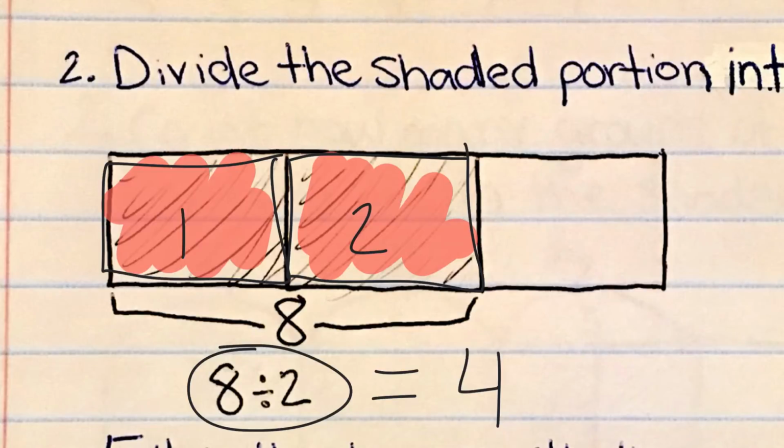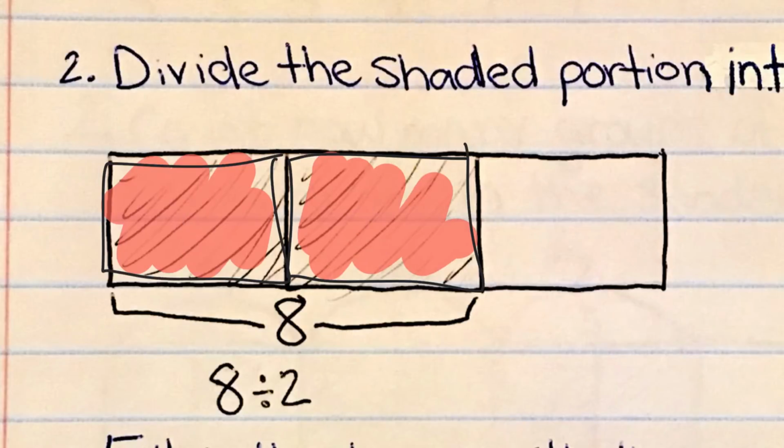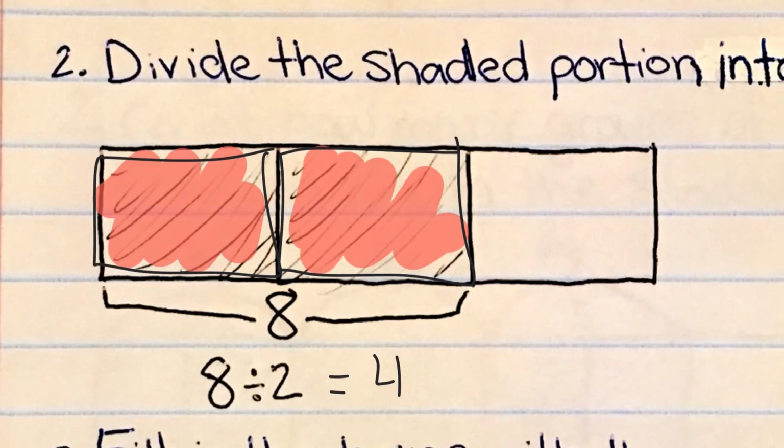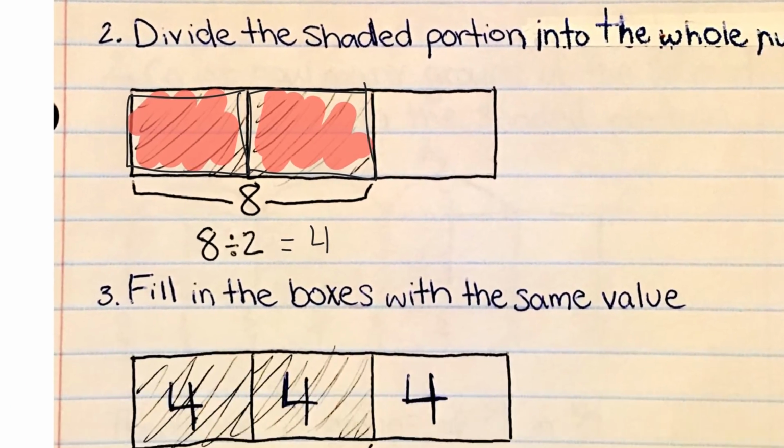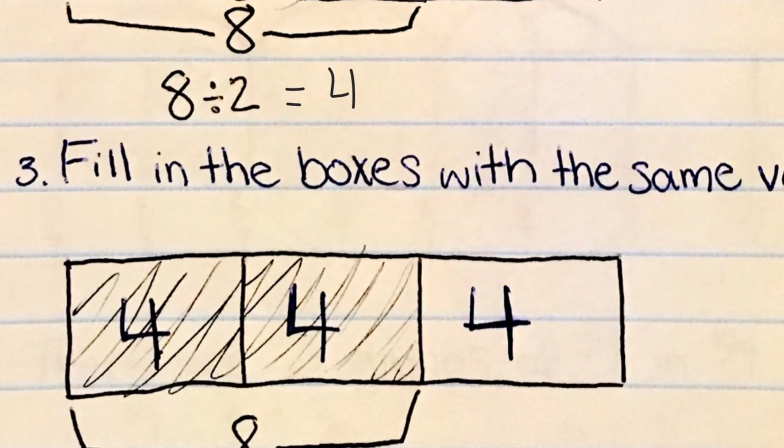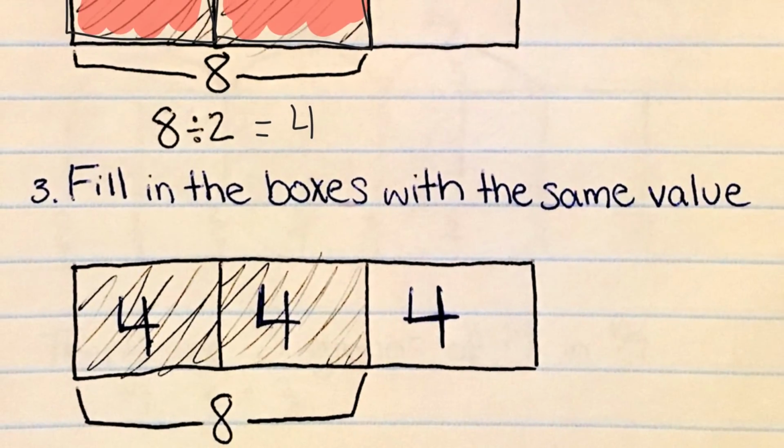Before we move on to step number 3, I want to delete these numbers in here because that might get confusing. But we do know that 8 divided by 2 is 4. Step number 3 in our task is to fill in the boxes with the same value that will add them up.